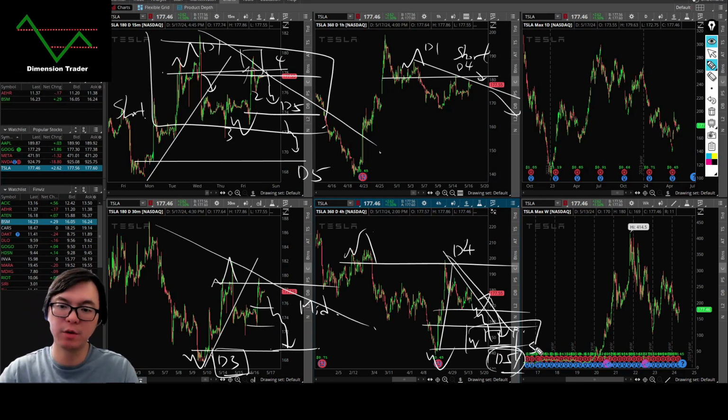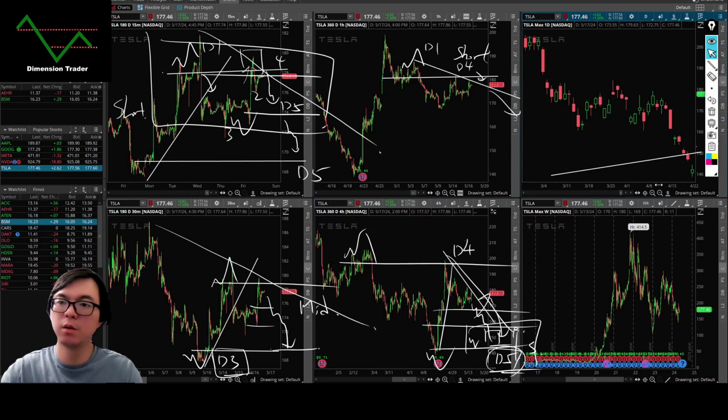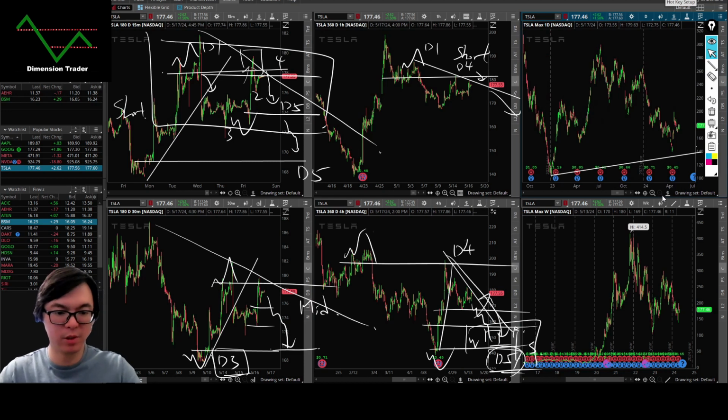Anything that happens down in dimension 5, we will wait to see if the pricing will break the trend line or do any rejection along with our new trend line forming right here. This is going to be our long setup for reversal if this happens down here.